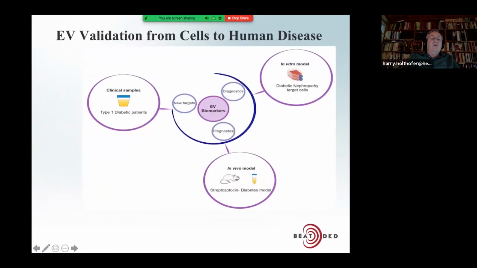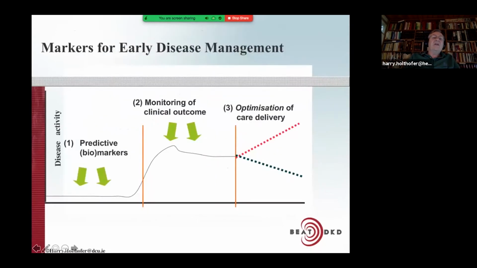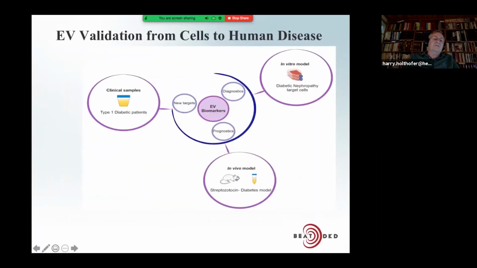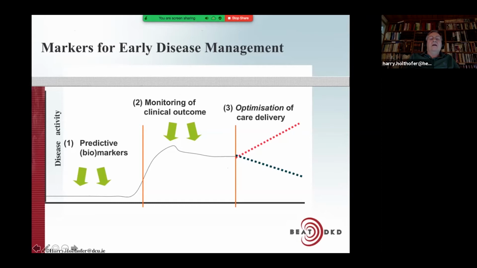So what we need is predictive biomarkers before the disease sets in. And then when the diagnosis is made, we need means to monitor the clinical outcome. Then we are introducing certain medications, and we need to be able to follow who is getting any advantage from those.